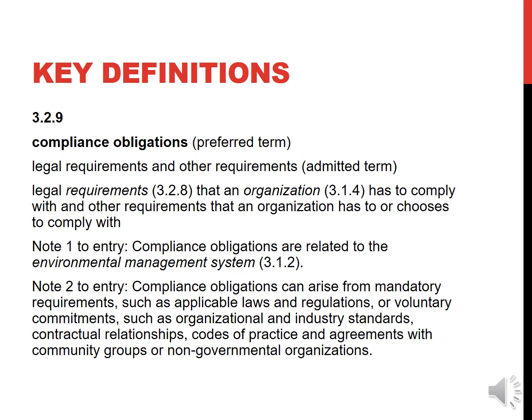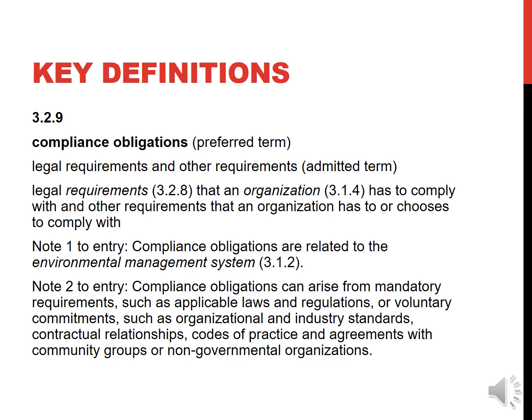When we go back to the context of the organization, this is where we look at voluntary commitments based on risks, opportunities, and stakeholder interests, the interests of interested parties, their concerns. Remember, as part of that analysis, the managers have to determine which commitment from the organizational context is going to become a compliance obligation.